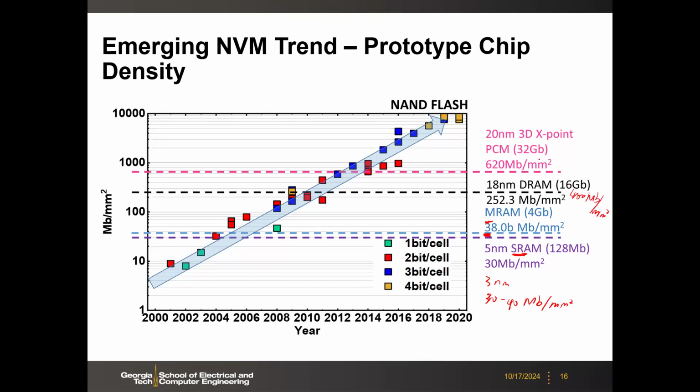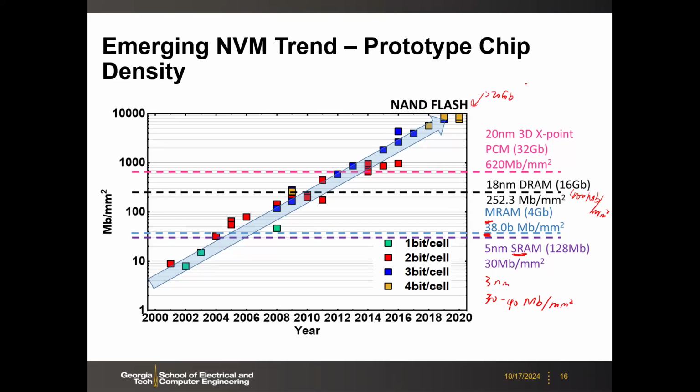And then the phase change memory from the Intel Micron's demonstration earlier. So they can get about 600 megabit per millimeter square. So you see that it's on the order of this MRAM. Okay. And flash, if you recall, more than 10 gigabits. And if you recall, last lecture is already more than 20 gigabits.